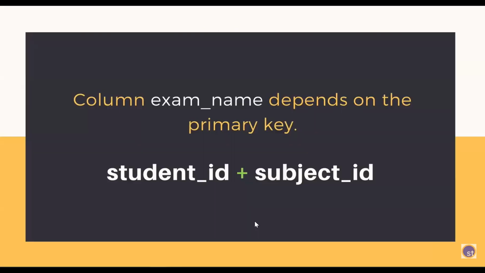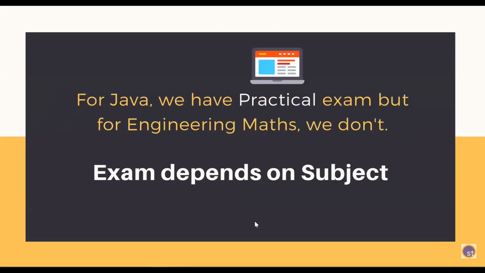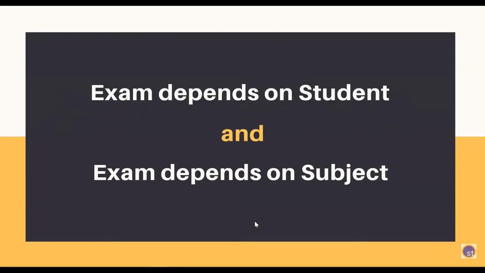As we can see, our new column exam name depends on student and subject. For example, a mechanical engineering student will have a workshop exam, but a computer science student won't. And for some subjects you have practical exams, and for some you don't. So exam name depends on student and subject both.